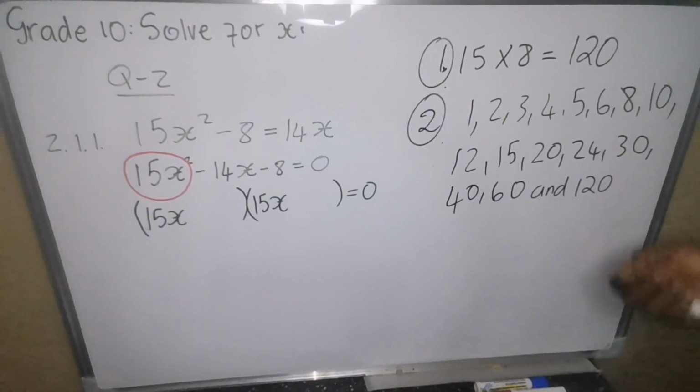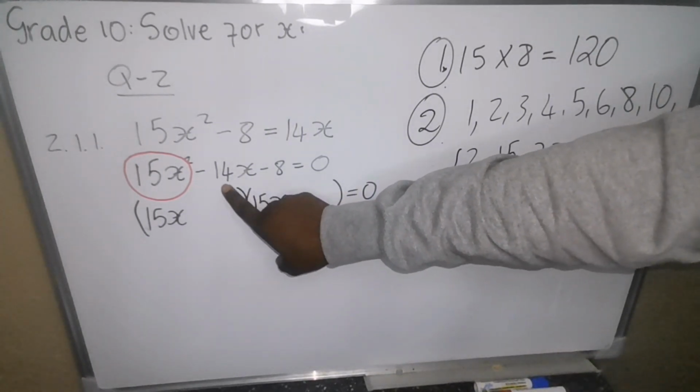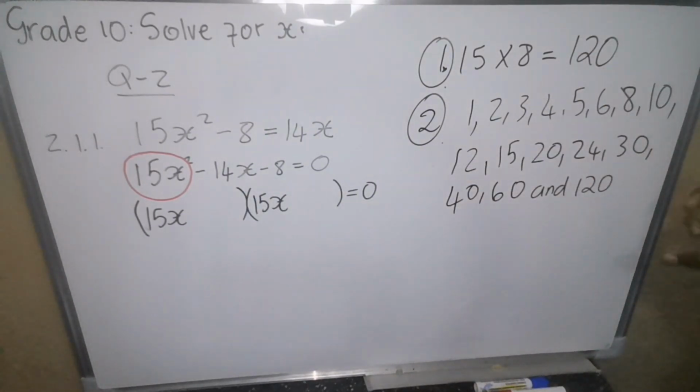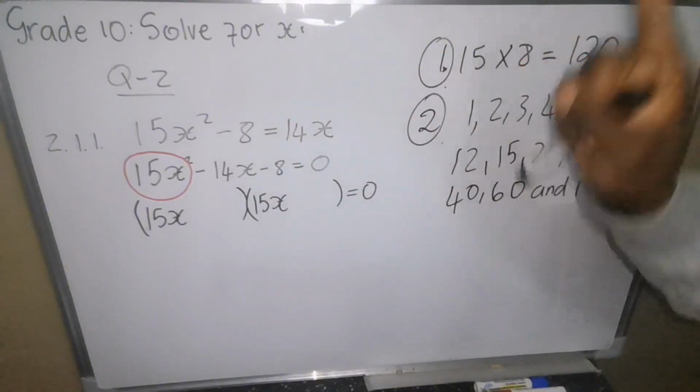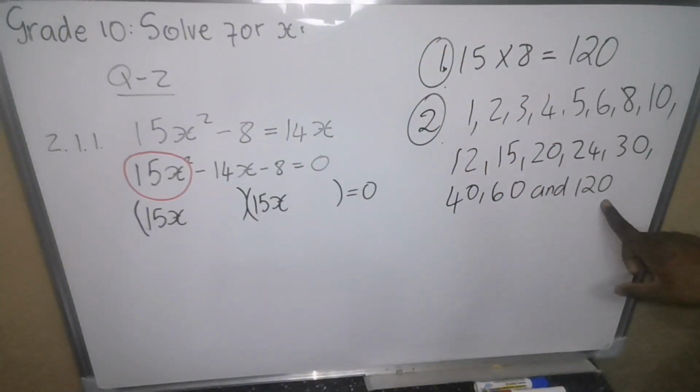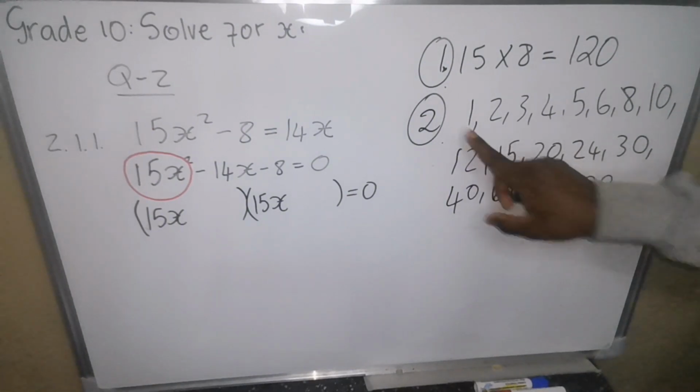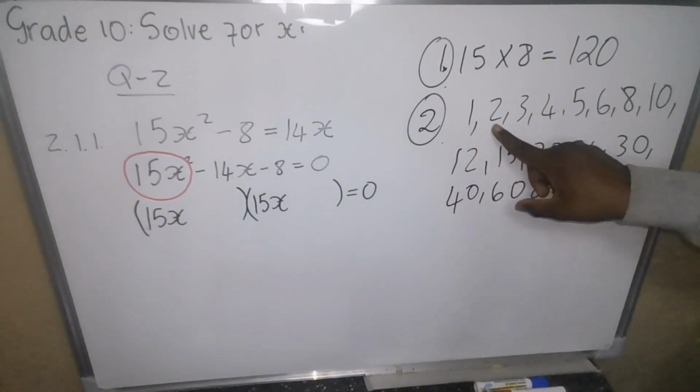Now, from these factors of 120, you need to find the two factors that you can multiply to give you 120, and add or subtract to give you the middle term, which is negative 14. You must start with the last and first factors, and go in that order.